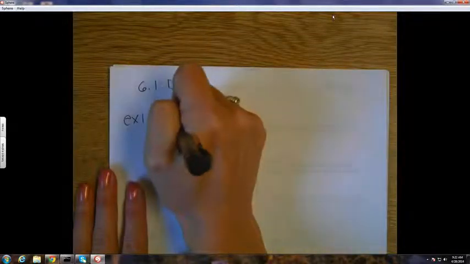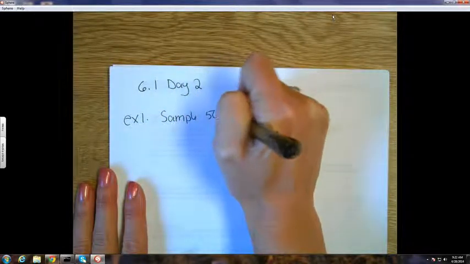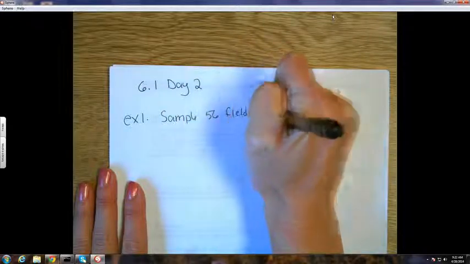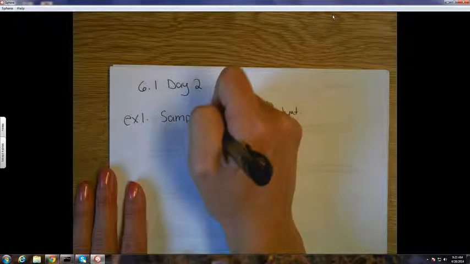Let's see, right here. We've got a random sample of 156 fields of durum wheat. So we're going to sample 156 fields of wheat. And those 156 fields had a mean yield of... how many fields? 156 fields. Yep, good catch. I said it, but I didn't write it.